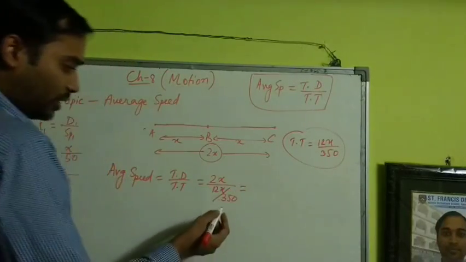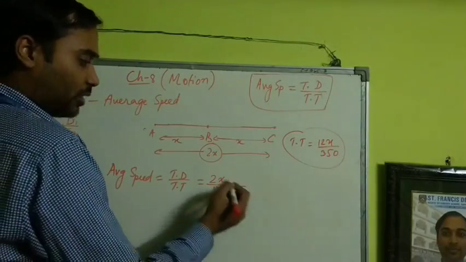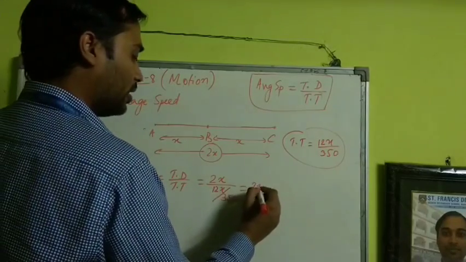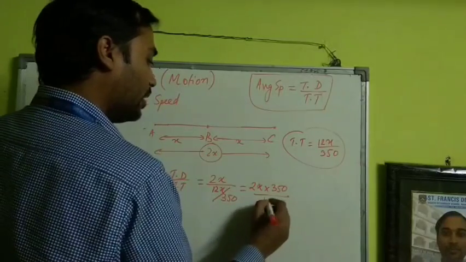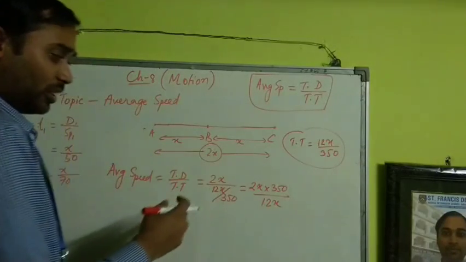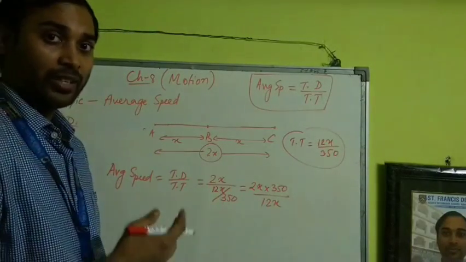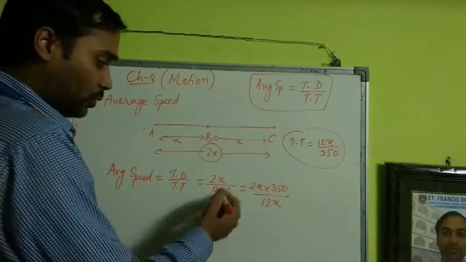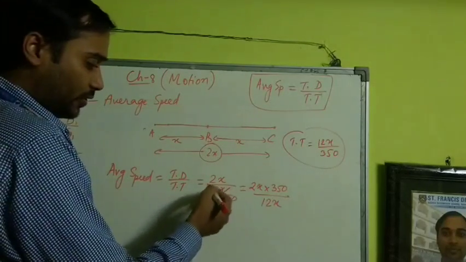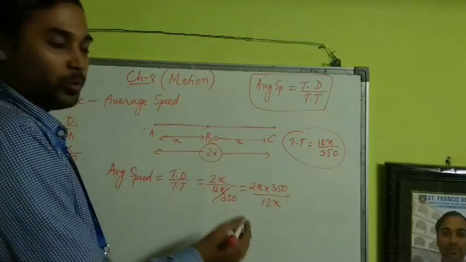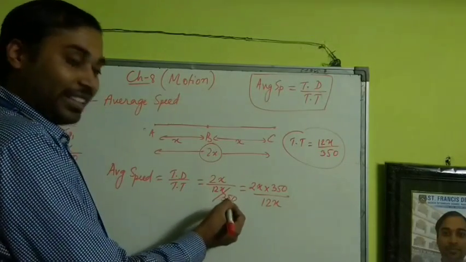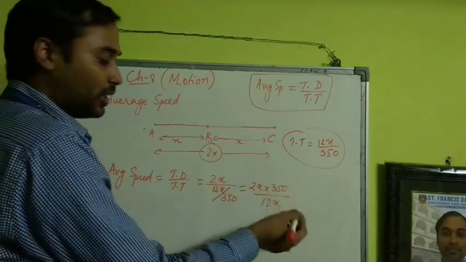Now here this denominator will go to the numerator. So it becomes 2x into 350 divided by 12x. Now this rule we already discussed yesterday while converting the units. This is the rule of division. When there is a fraction in a denominator, the denominator part comes to the numerator. So this 350 being the denominator goes to the numerator.